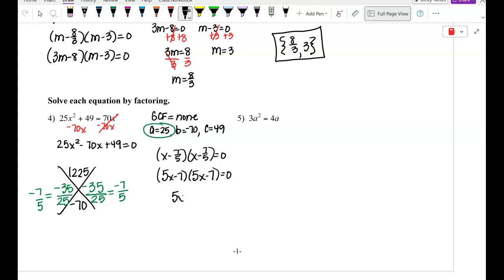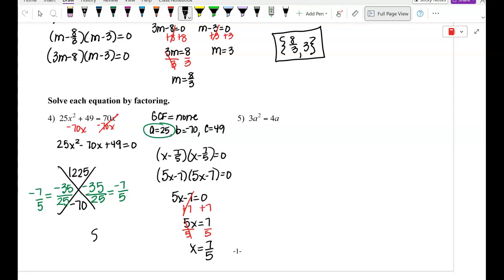So we solve 5x minus 7 equals 0. Add 7 to both sides. 5x equals 7. Divide both sides by 5. And we get x equals 7/5.